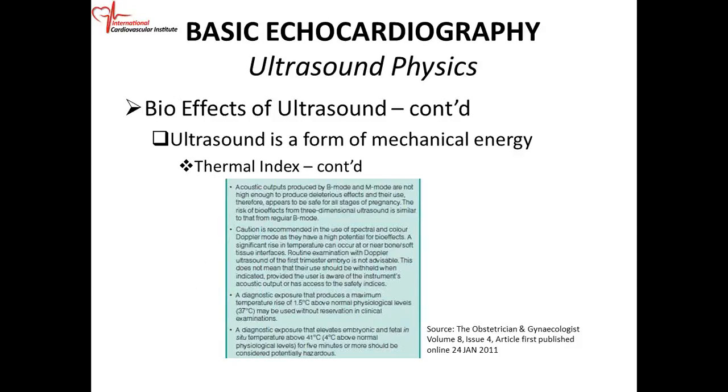This didn't project very well, but it looks at the things that affect the thermal index, the acoustic output, and whether you're going to use Doppler as opposed to just your 2D images. So you can just read this over.